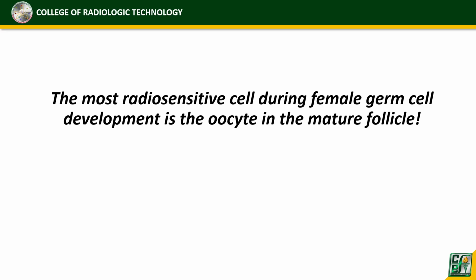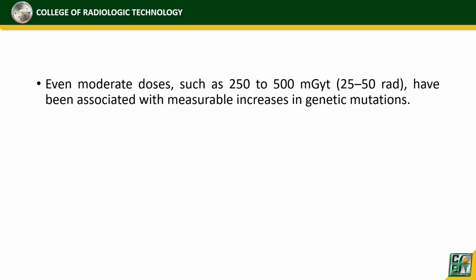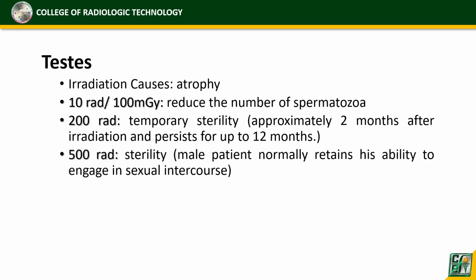So the most radiosensitive cell during female germ cell development is the oocyte in the mature follicle. Okay, so ito yung sinabi na kanina. Testes naman. So irradiation can cause atrophy.